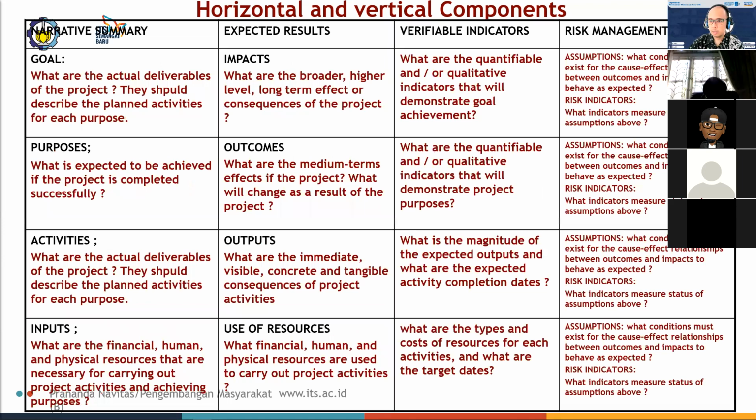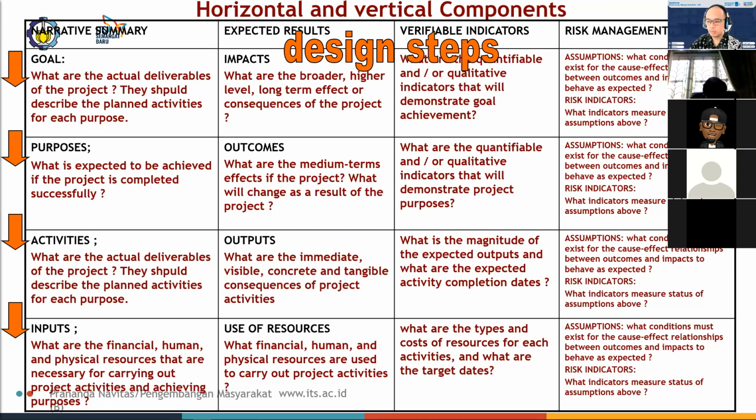Here are the design steps to a logical framework analysis matrix. State the goals. The goals should help you formulate and state your purposes, and the purposes should help define the activities, and then of course what are the inputs needed to get those activities going.